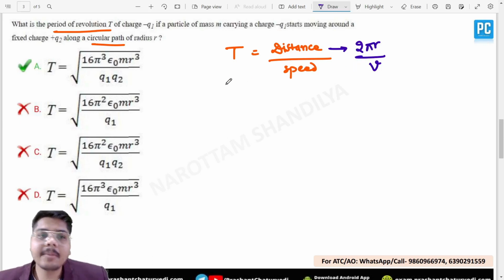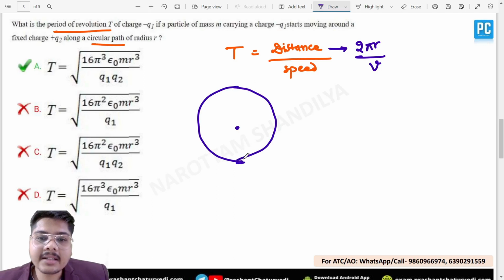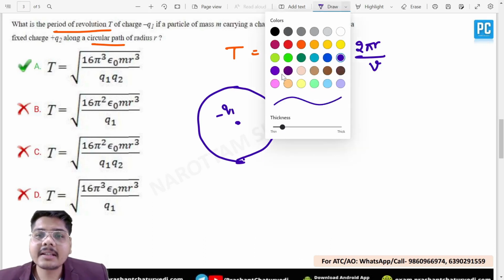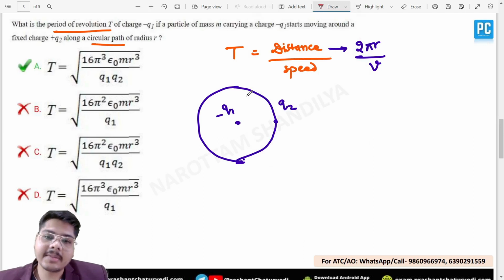And because it is a circular path, let me tell you, inside a circular path, suppose this is charge Q1 and this is charge Q2. I'm simply taking an example, one positive and one negative. So by default, there will be an attraction between them.